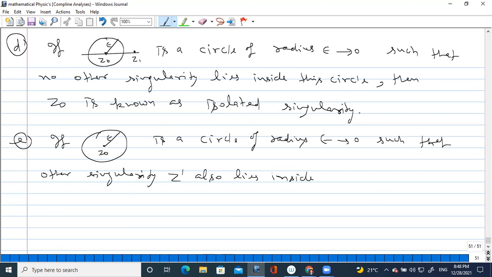In the neighbourhood of any singularity, if one more or many more singularities are there, this is the condition.